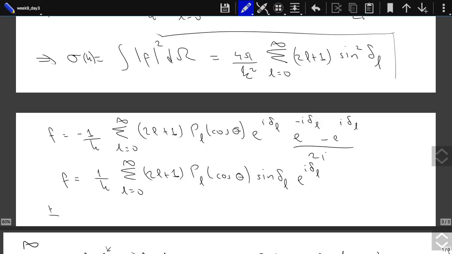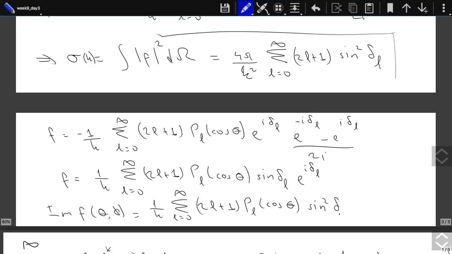What is the imaginary part of f? Okay, 2L plus 1 is real, P_L is real, sine delta_L is real, but there's an exponential over there. It's non-zero. So this is 1 over k, sum over L from 0 to infinity, 2L plus 1, P_L of cosine theta, sine squared delta_L.